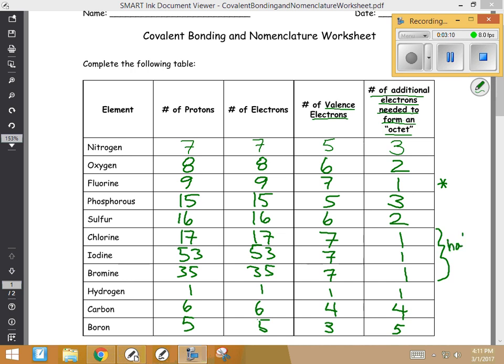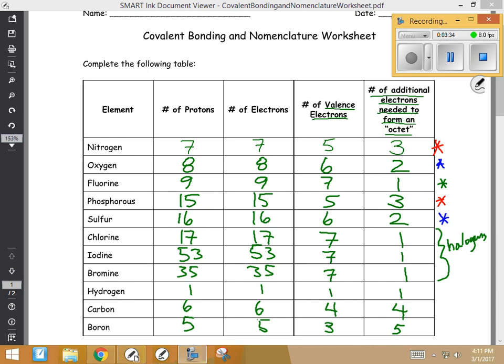So there's your halogens. And also, if you have a look, you'll see that oxygen and sulfur are in the same group. Need the same number of electrons. And right there, nitrogen and phosphorus, same deal.